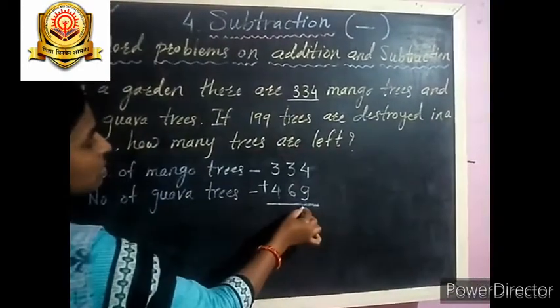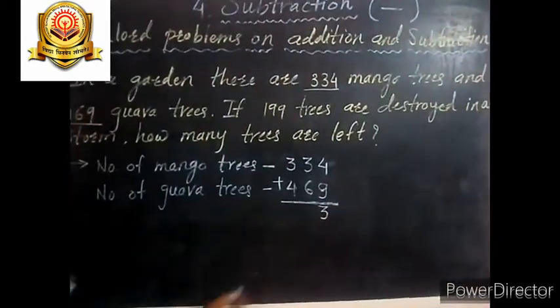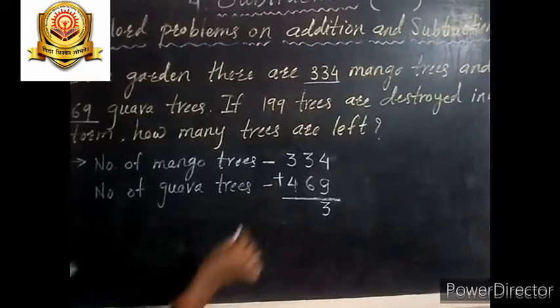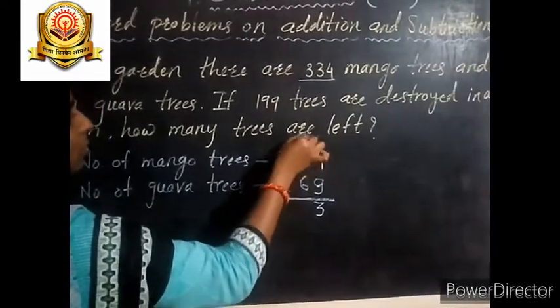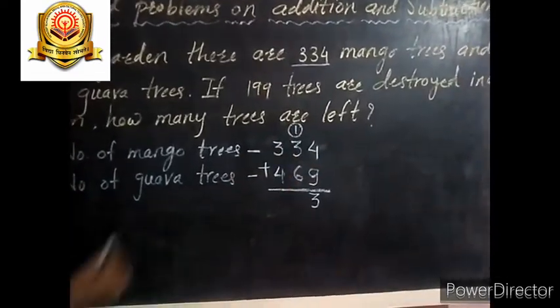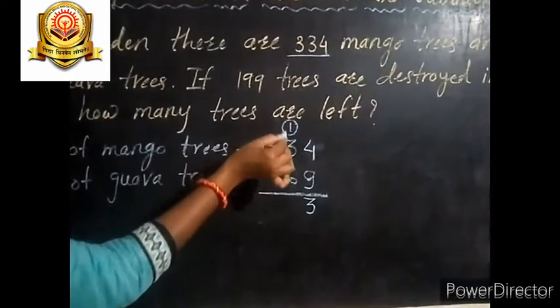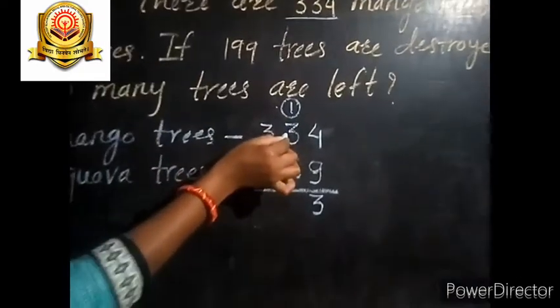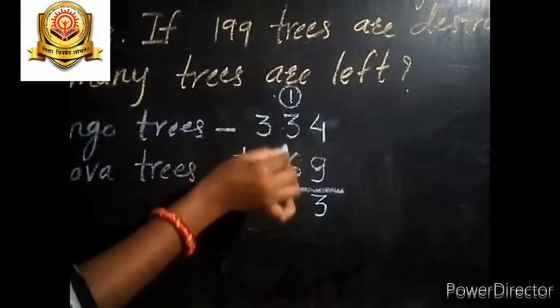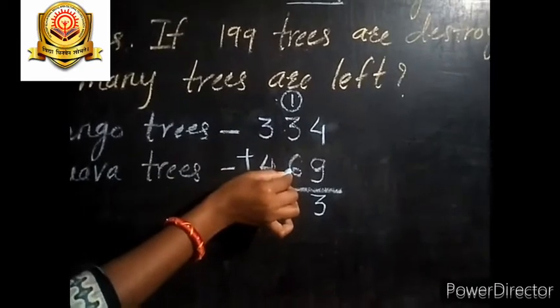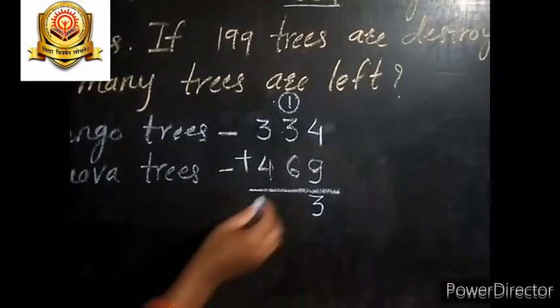So 13. Write 3 under the ones column and carry 1 to the tens column. Then 1 plus 3, 4. 4 plus 6, 10.